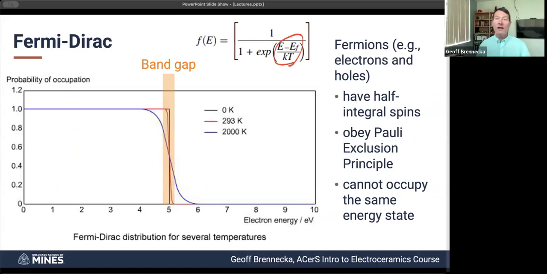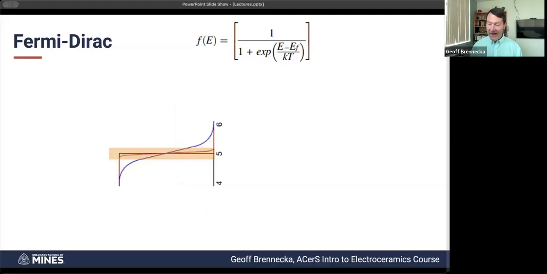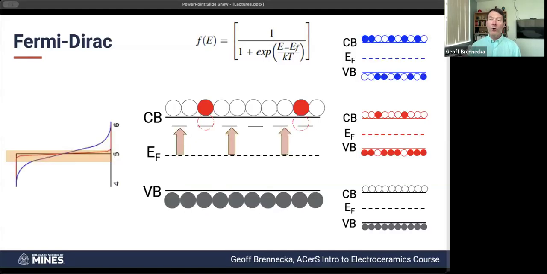And it's that exponential dependence on temperature that is so important, because that's what means that the higher temperature we get, the more electrons we have available in the conduction band, and the higher the conductivity, because we pushed that N up. Now remember, if we're going to change the conductivity by 40 orders of magnitude, that means we have to change the number of carriers by 40 orders of magnitude.